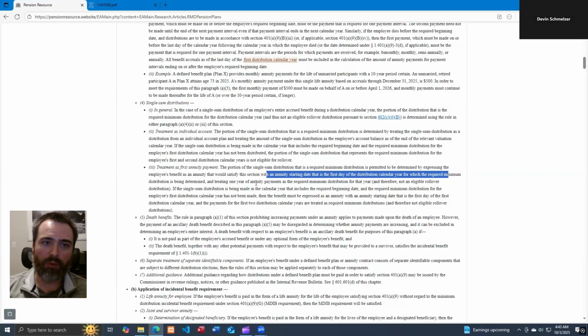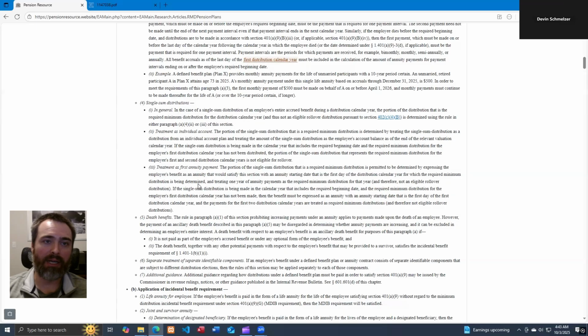In other words, for most cases, you're going to take the end of year benefit for your first distribution year, the calendar year they're in, multiply that by 24 for the annuity monthly payments that would have been paid out if they had taken annuity payments for the entire years. That amount would not be eligible for rollover. The rest of the single sum value above those amounts would be eligible.